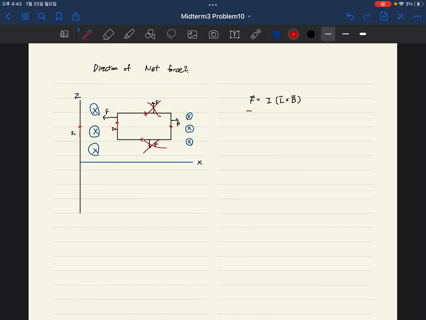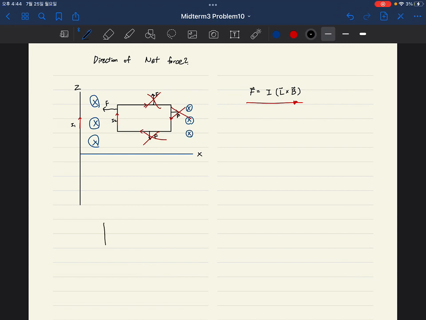When we are finding the magnitude of the force, it depends on the magnitude of the magnetic field, which will be greater on the left side than the right side, so the force on the left side will be much greater than the force on the right side. So this force will be cancelled.